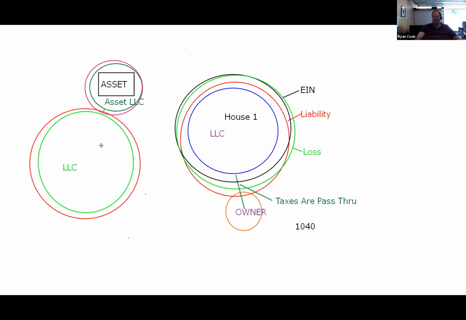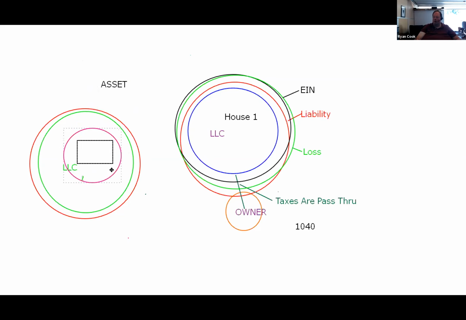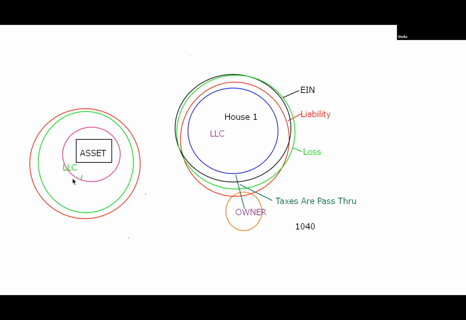But if I take this line away, and I take this away, and I take this, guess what goes with it? If I put it in here, and it's my asset in here, where's my liability? My liability from the asset is within the LLC. Does that make the picture a little bit clearer?